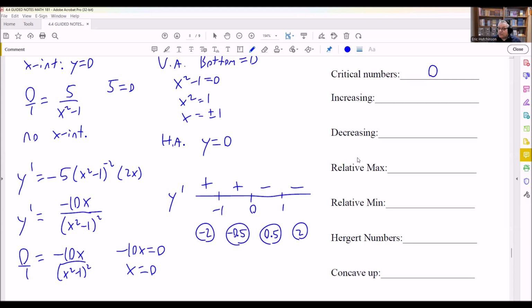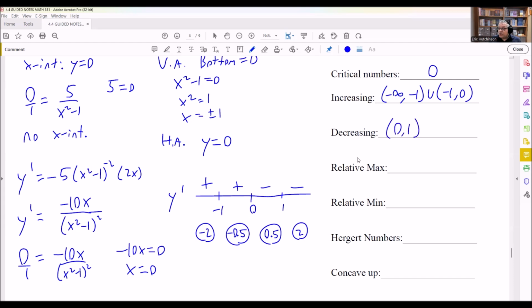That's going to tell us for increasing: negative infinity to -1, and -1 to 0. We are not allowed to include -1 because it's not defined in the original function. So that's why we can't go negative infinity to 0. We definitely have to split this up this time with -1. Okay, so decreasing, we have to do the same thing. We also have to exclude the 1 there.